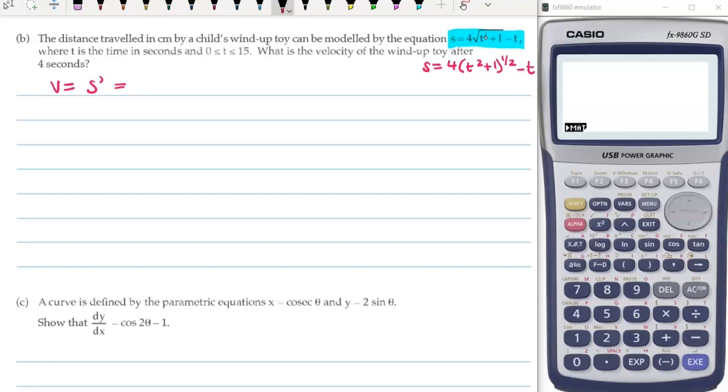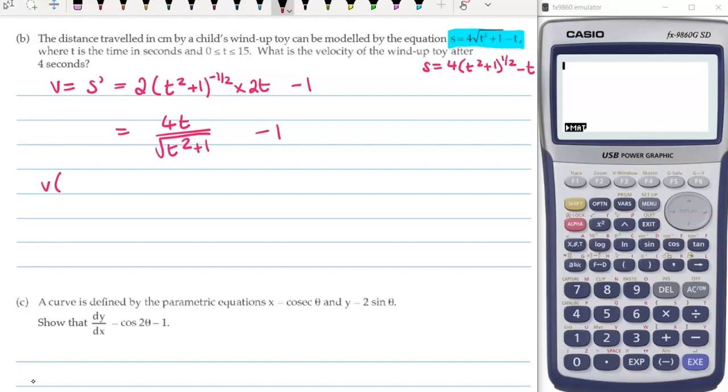So that's a chain rule. Half times by the 4 is a 2. t squared plus 1 to the minus a half, and then times by the derivative of the inside, which is 2t. And then minus t differentiates to -1. So that simplifies to being 4t over the square root of t squared plus 1, minus 1.